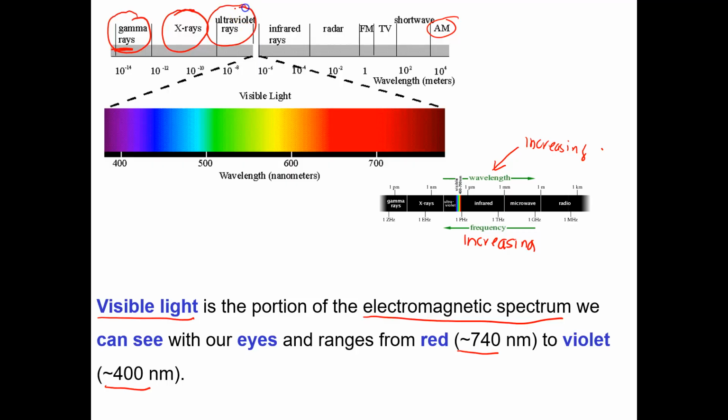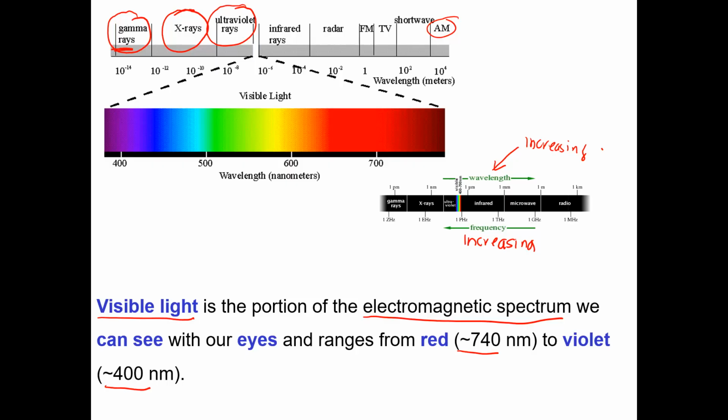At wavelengths a little bit longer than X-rays, we get ultraviolet rays. Ultraviolet rays cannot penetrate very far into matter, but they are quite high energy. That's why ultraviolet light will give you sunburn. It'll cause molecules in your skin to be harmed.